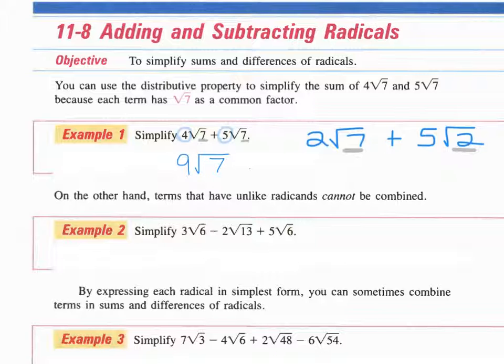Now, if you can break it down like I just did in the last problem from 11.7, you're going to need to do that first. So always simplify your radicals. Make sure there's no perfect squares hiding in there. And then you'll go to see which ones you can add together.